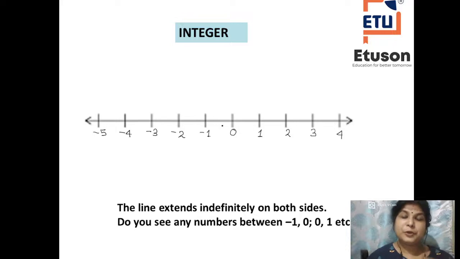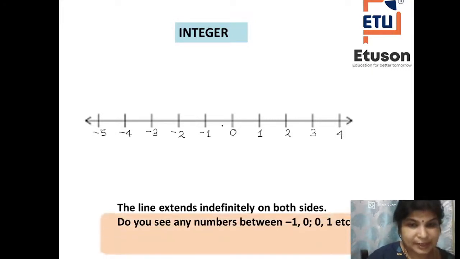So if you want to represent fractions, you need to have a number line for rational numbers. Correct or not? Now let us understand how you can represent the rational number on the number line.